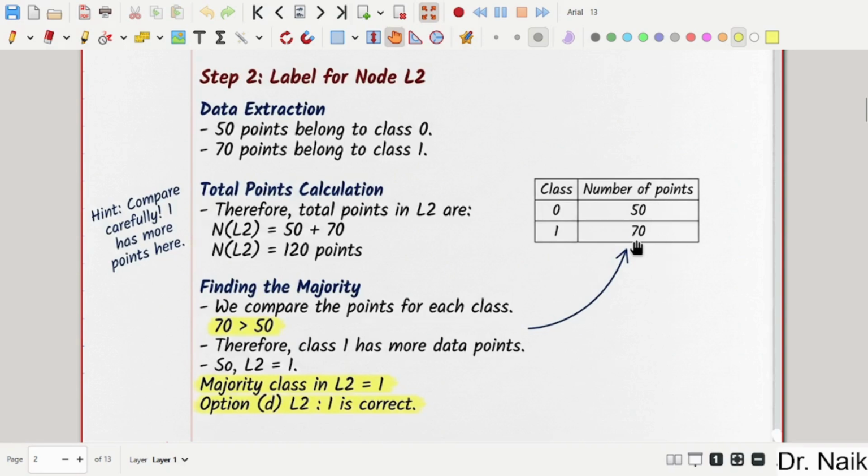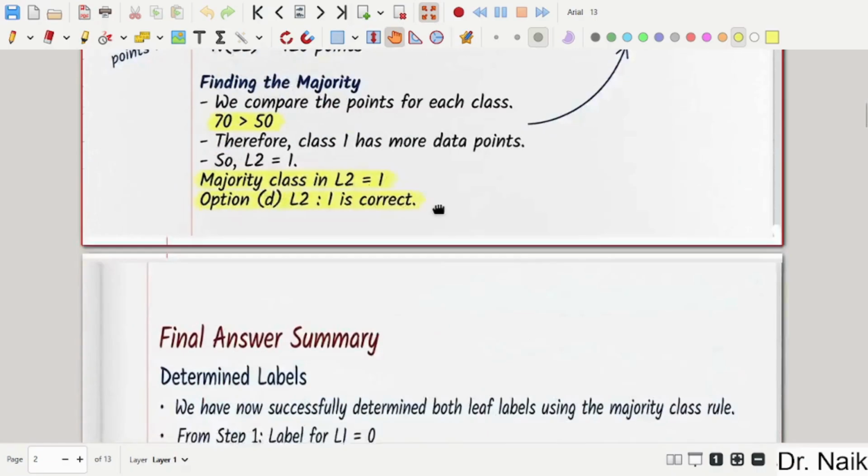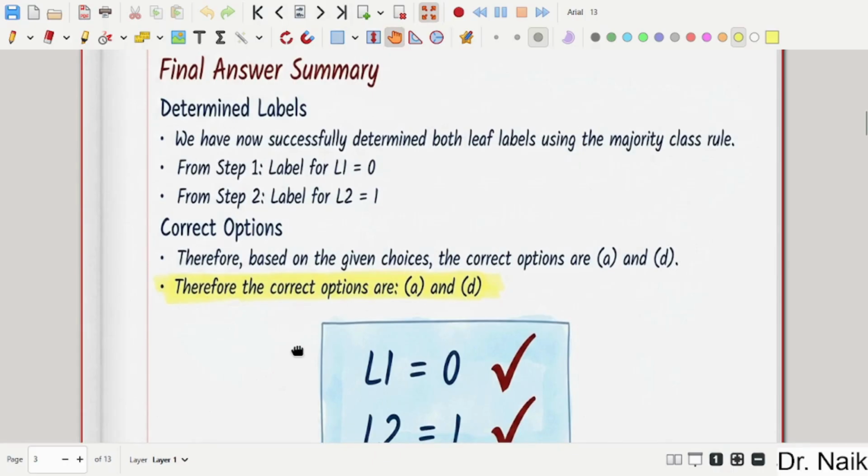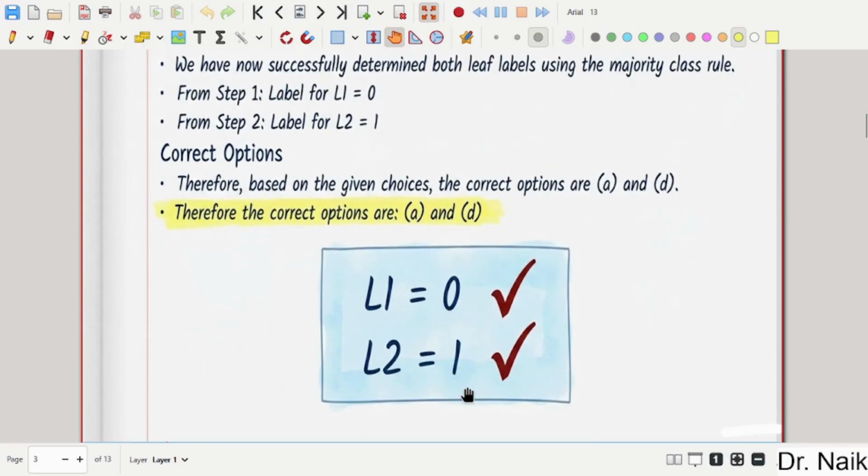So 70 is greater than 50. So class 1 has more data points. Therefore, we can label L2 as 1 because the majority class in L2 is 1. So option D, L2 equal to 1, is correct. So our final answer is L1 label as 0 and L2 label as 1.